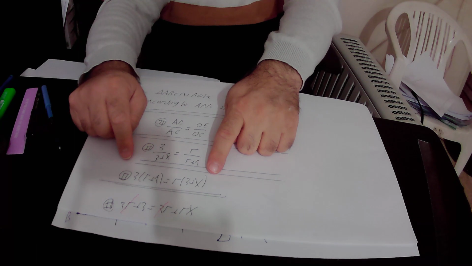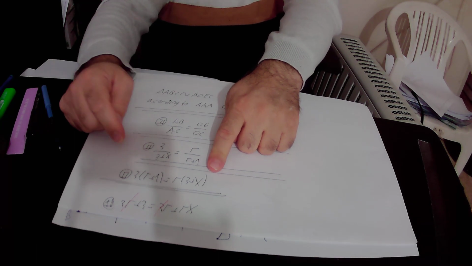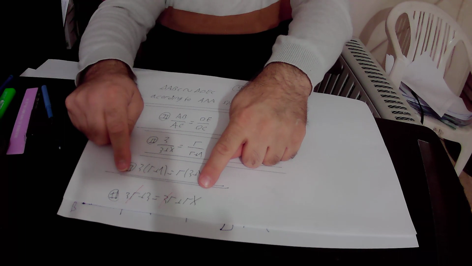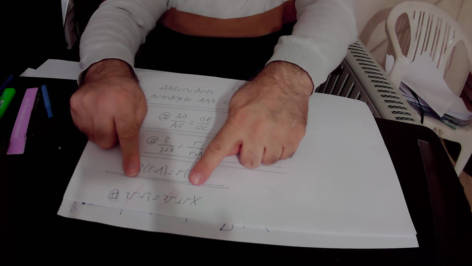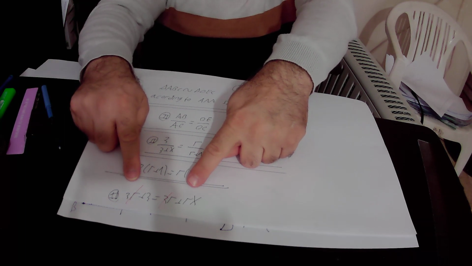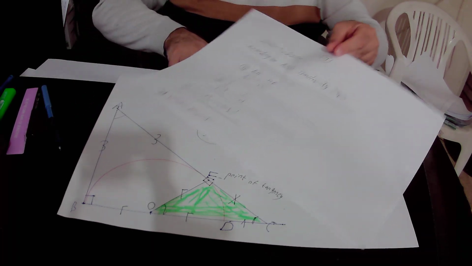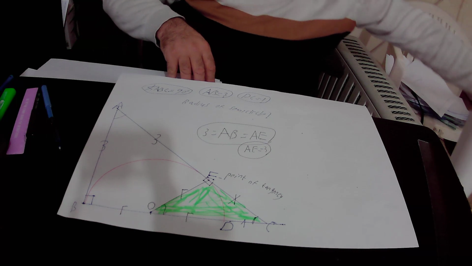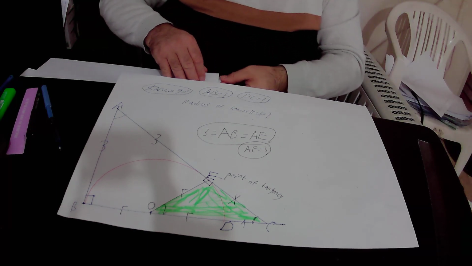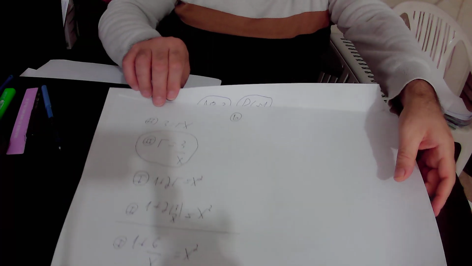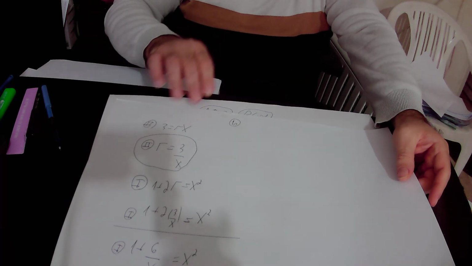We open the brackets of equation number 2 and we got that 3r plus 3 equals 3r plus rx. Here we subtracted 3r from this equation, so 3r gets cancelled. What is left is 3 equals rx.